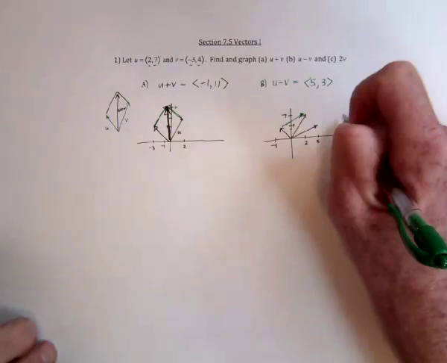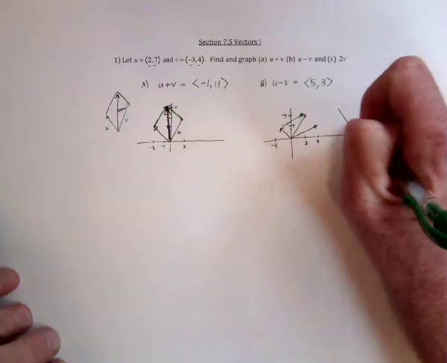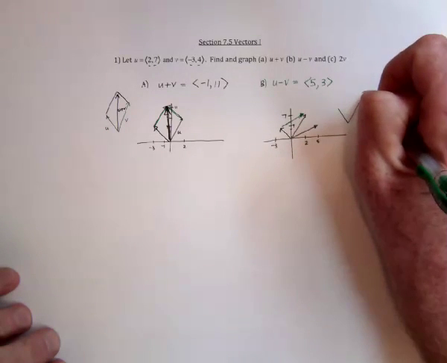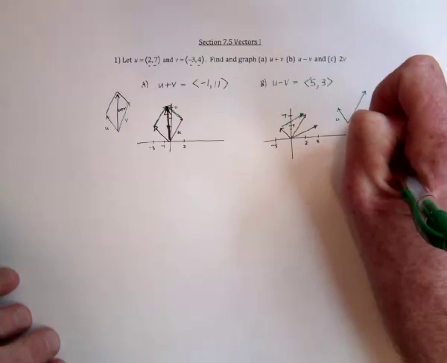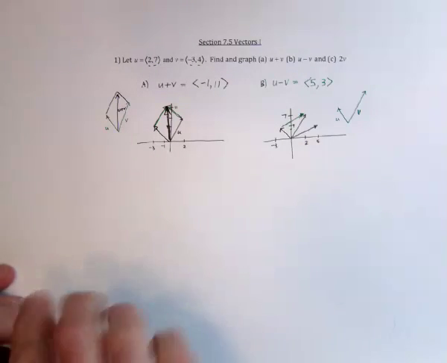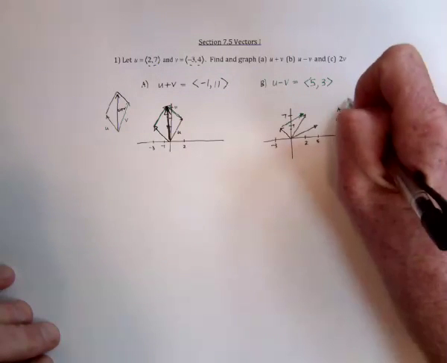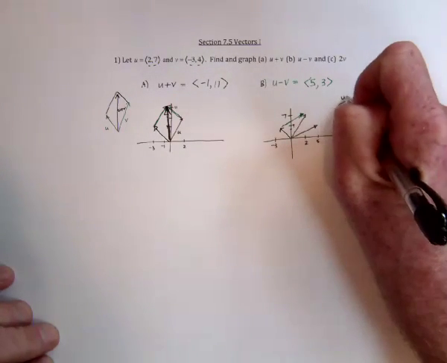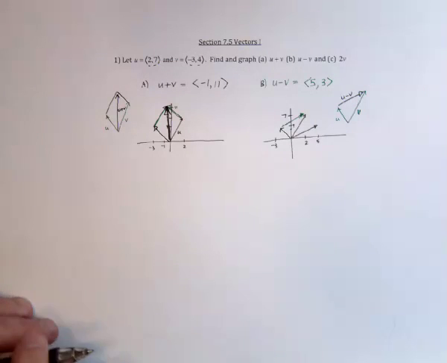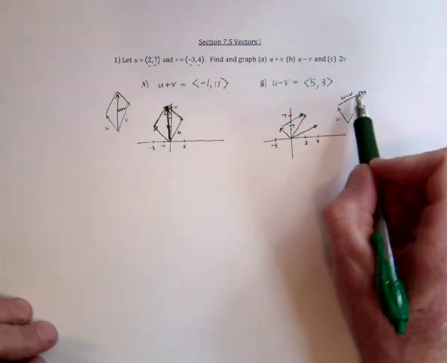And if you have two vectors u and v and you subtract them, then that would be the same as laying a vector across the top like this, and that's u minus v. And then v minus u would go the other direction.